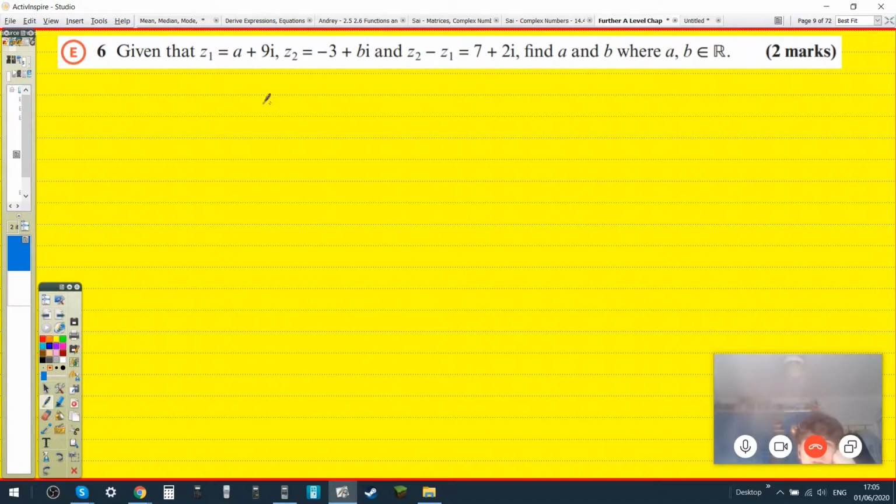So minus 3 plus a plus 9i plus bi equals 7 plus 2i. So z2 is minus 3 plus bi. Oh, z2 minus... Oh, I've done it wrong. So z2, so minus 3 plus bi minus a plus 9i.